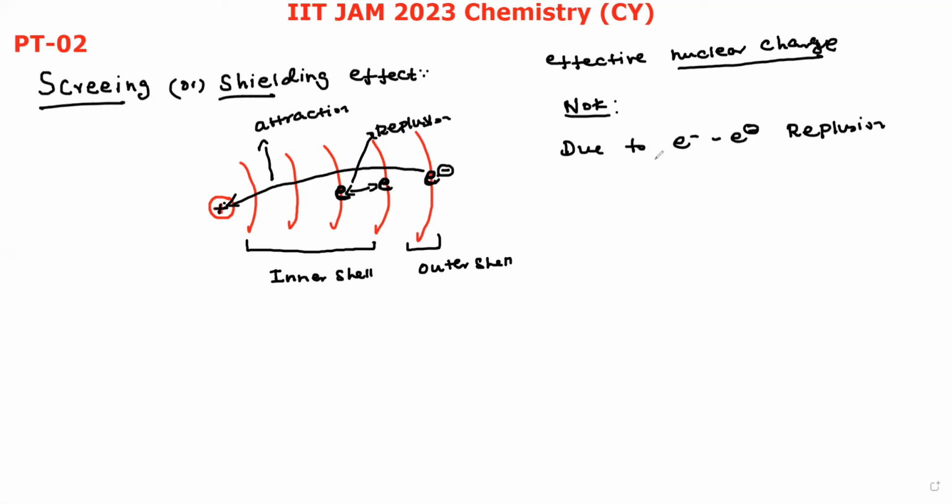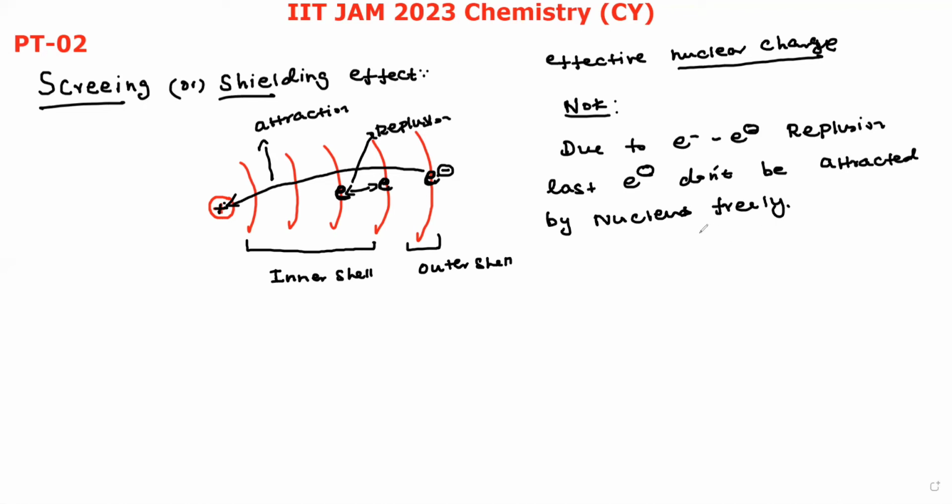Due to the electron repulsion, the last electron is not attracted by the nucleus freely. That is called the screening effect. Listen, the attraction between the nucleus and the outermost electron is the effective nuclear charge.